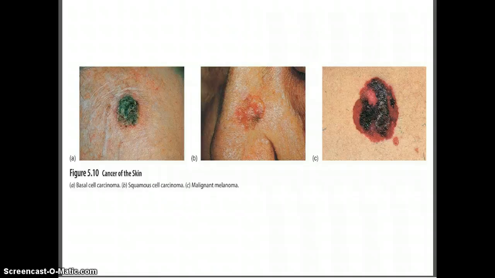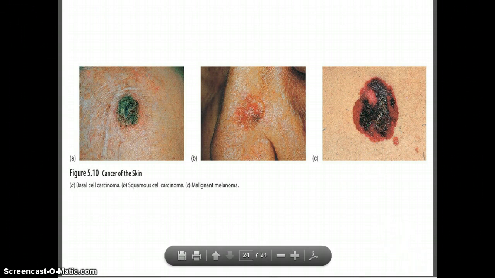And here's a diagram showing you what these cancers may look like. Don't self-diagnose. If you feel that you or a loved one has one of these types of disturbances, let's say lesions on the skin, consult your doctor, consult your health professional.